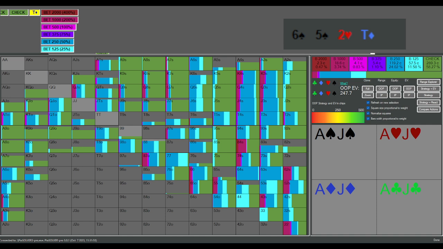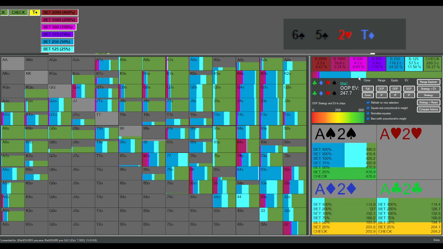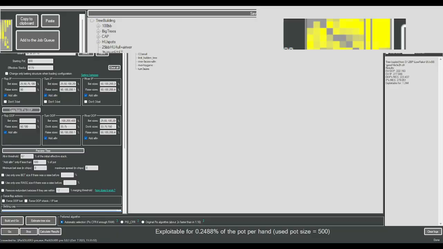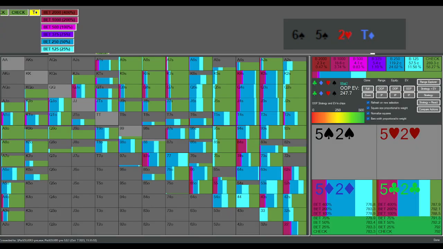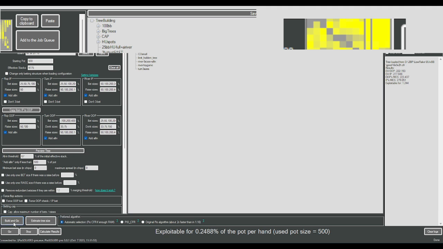Yeah, so I'm going to manipulate this a little bit. So basically what I did here is, well, still have to build it.